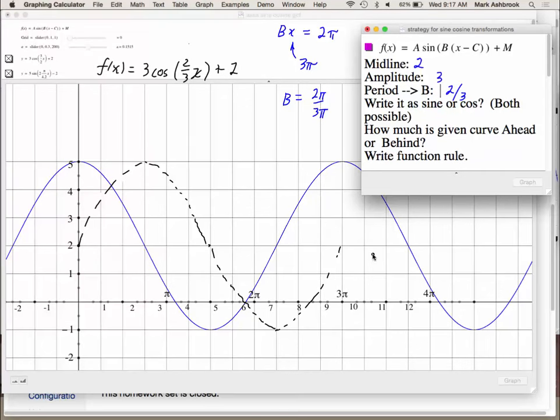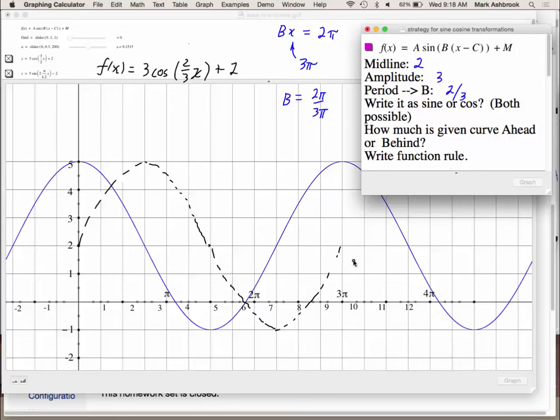Our graph, looking at the closest cycle that looks like that in the blue one. And then you ask, does the closest cycle in our graph, the blue one, come ahead or behind this unshifted one, and by how much? First of all, does it come ahead or behind?